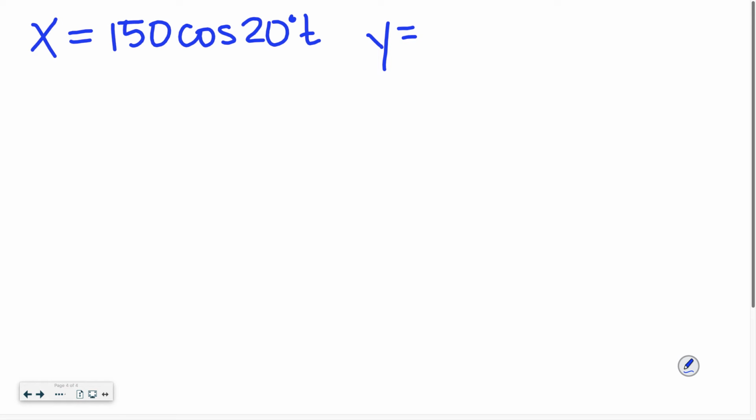Good. And our y equation. Nate, what do you have? Nate is not sure what to do for the height. Does anybody have a suggestion for him?